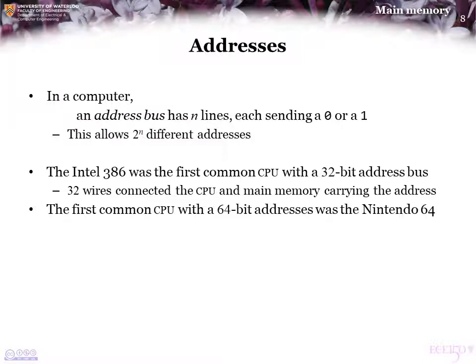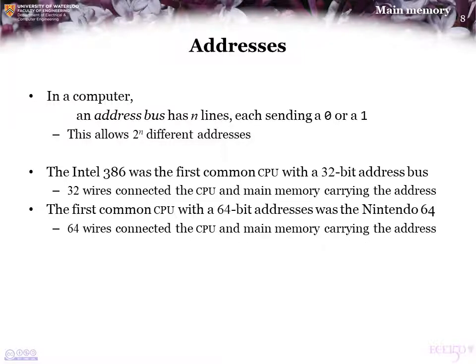Humorously enough, one of the first common CPUs that had a 64-bit address bus was the Nintendo 64, a gaming console. So in this setup, we had 64 wires that connected the CPU and main memory to carry any address.